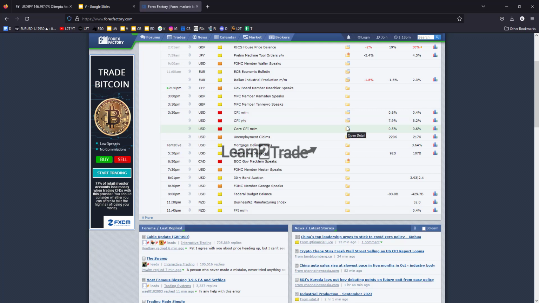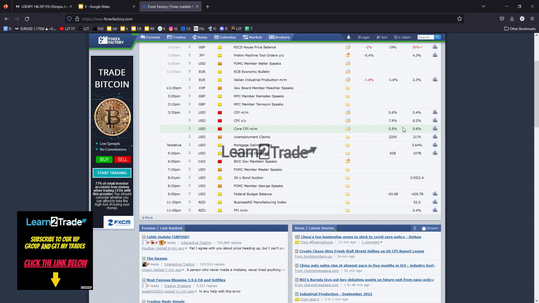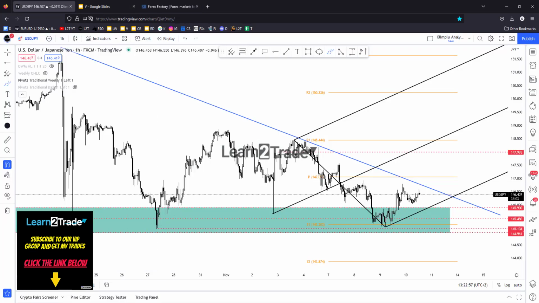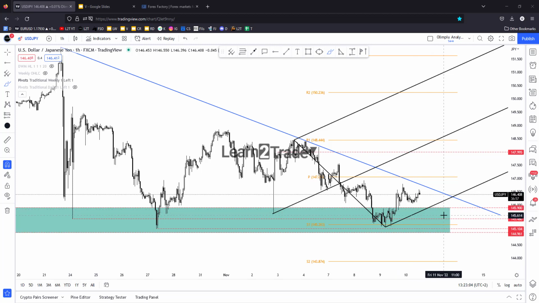Core CPI, 0.5% growth expected, versus 0.6% growth in the previous reporting period. Unemployment claims for the previous week. So you have to be careful, because the economic data could bring sharp movements and high volatility, and personally I will keep an eye on this market, and maybe this could be my next trade, if my bullish scenario takes shape.